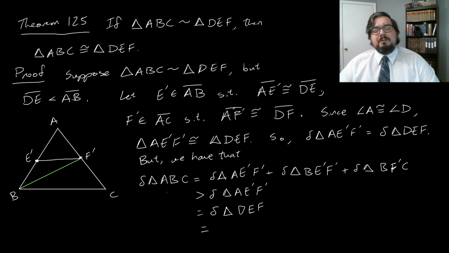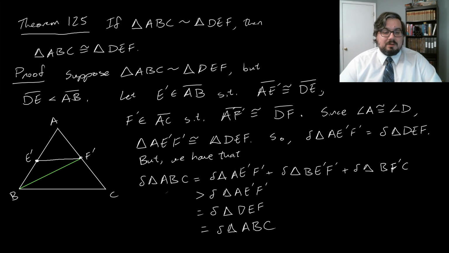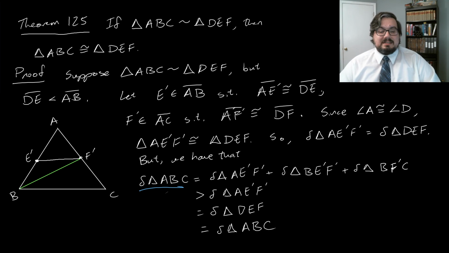But we assumed that the triangle DEF was similar to the triangle ABC, which means that all of their angles are congruent to one another, and therefore the defect of triangle DEF is equal to the defect of triangle ABC to begin with. But this is a contradiction. We have that the defect of triangle ABC is greater than the defect of triangle ABC. That doesn't work. We have a contradiction.